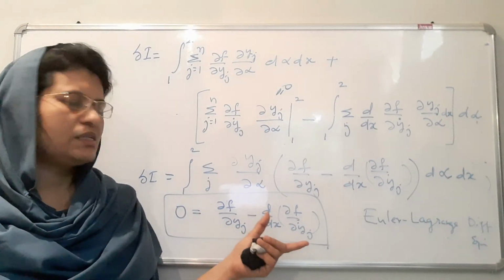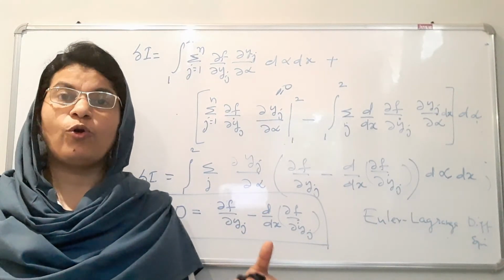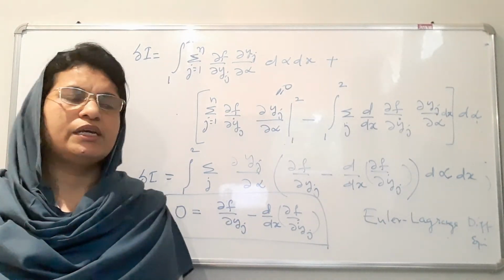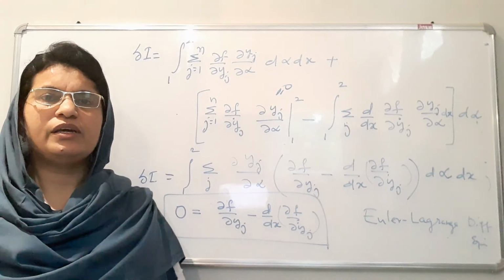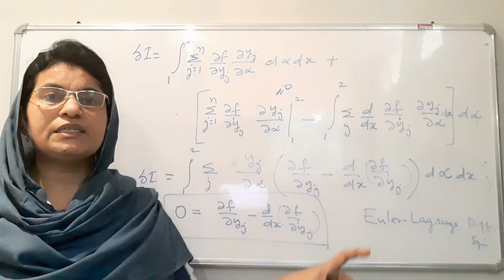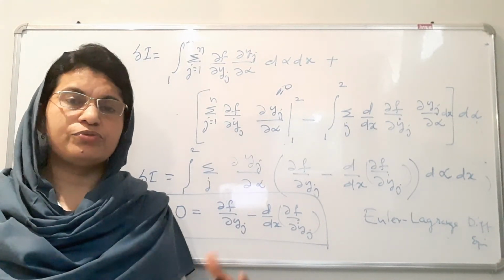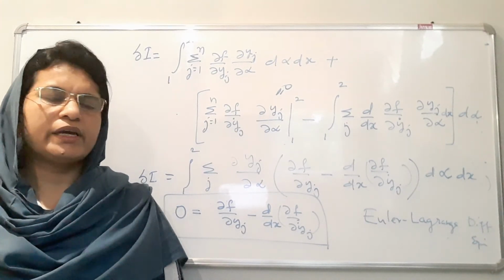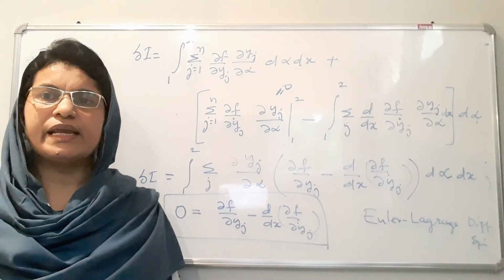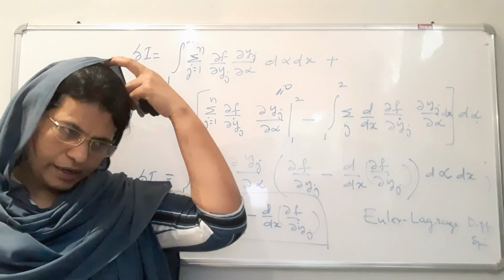It is a very important equation, called the Euler-Lagrange differential equation. This equation is also derived from the variational principle, or from the technique of calculus of variation. From the same principle we have to derive Lagrange's equation also, that we will derive later.